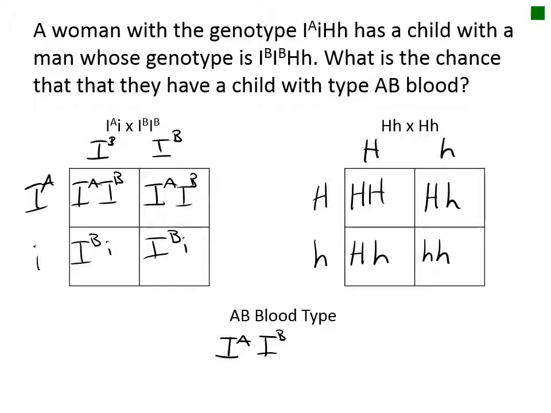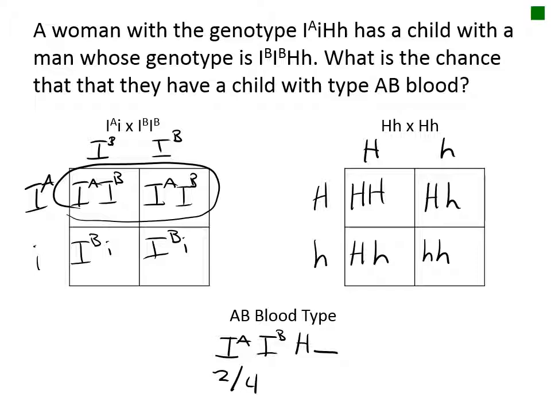Child will also have to have a dominant H allele in order to see the ABO gene phenotype. Remember, if it was homozygous recessive for the H, then it would be an O phenotype no matter what the ABO gene said.